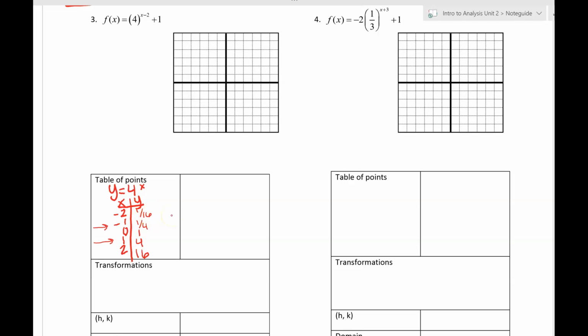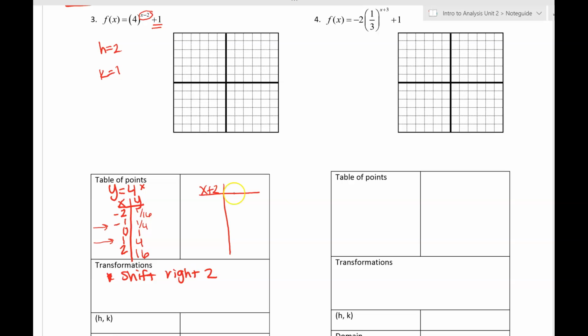And then what are our transformations? So there's no b value here, but there is an h value of 2, and there is a k value of 1. So our transformations are going to be to shift to the right 2 by adding 2 to x. So I'm going to write that down. Shift right 2.